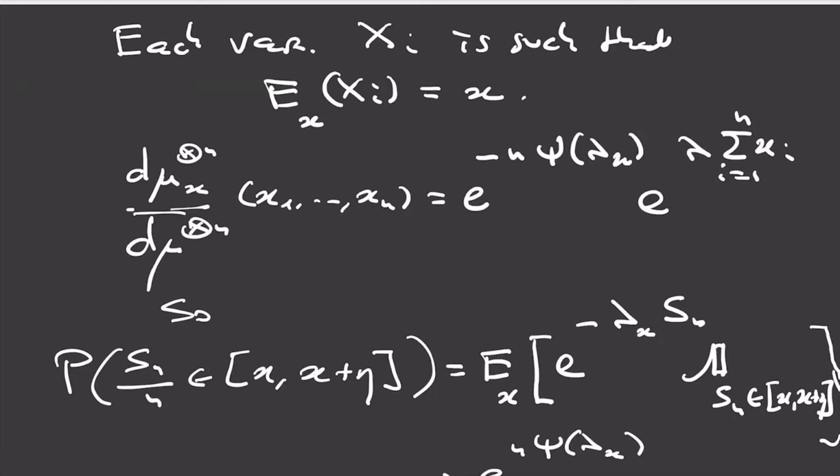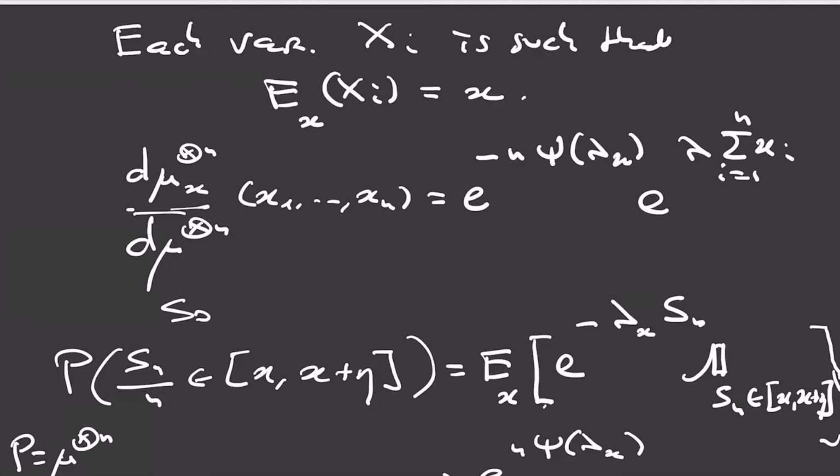Okay, so this is very simple. I want to express this probability, which is computed under the original distribution. So remember that P is nothing more than mu to the power n. And I make the change of probability in the reverse sense.